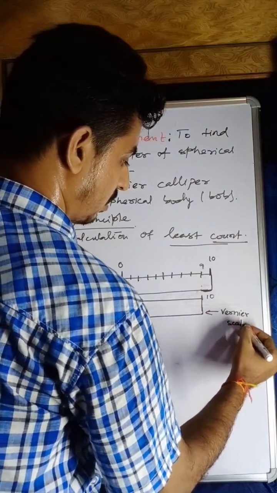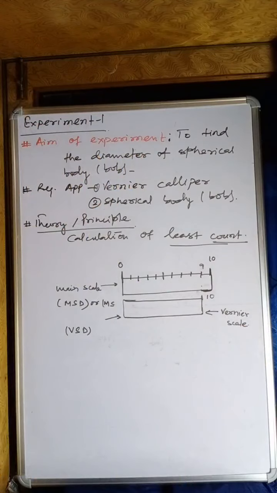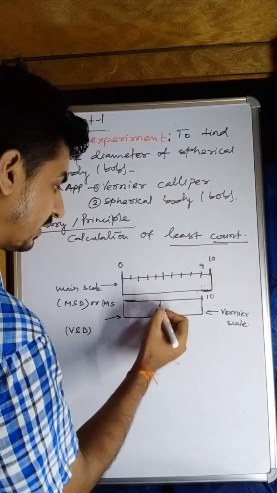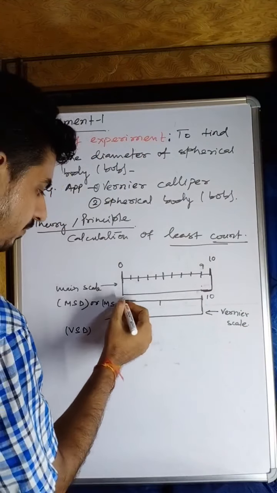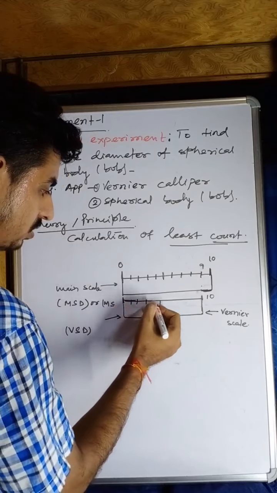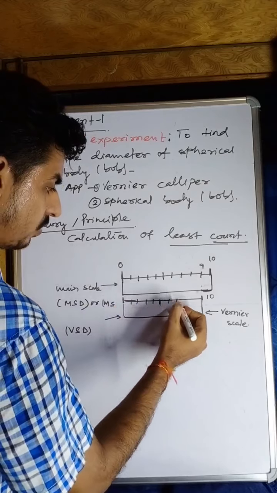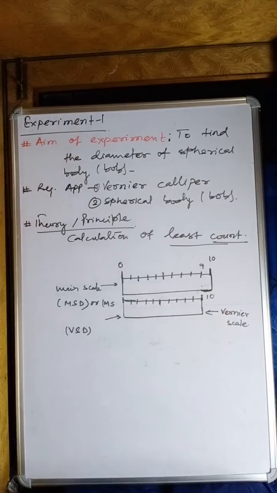Vernier scale. Okay, my dear students, here how many divisions will you get? Again 10 divisions: 0, 5, 1, 2, 3, 4, 5. But what is the relation between these two scales, my dear students? It is very clear.